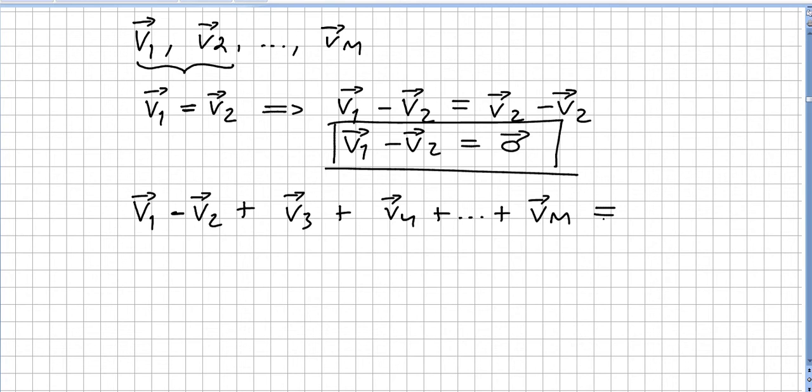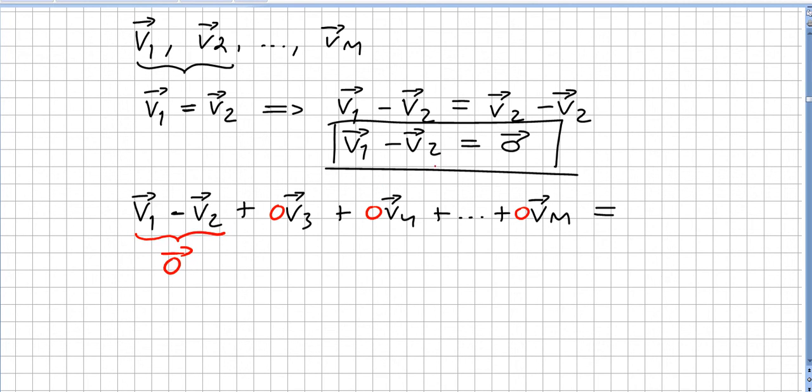And the scalar coefficients of these ones can be 0, this one can be 0, this one can be 0, and you will get, with the scalar here not 0 and the scalar here not 0, the zero vector for this reason.